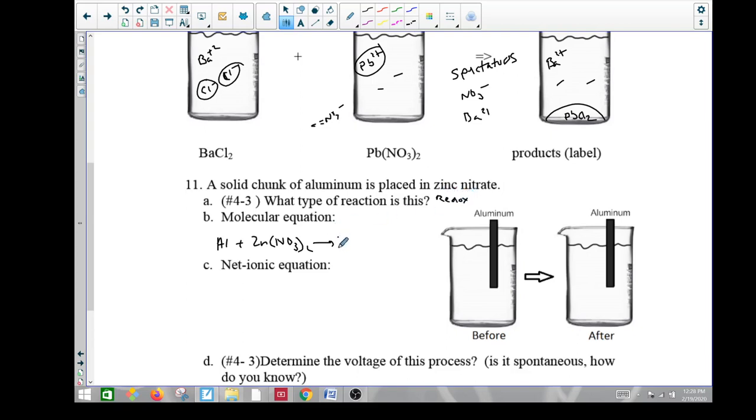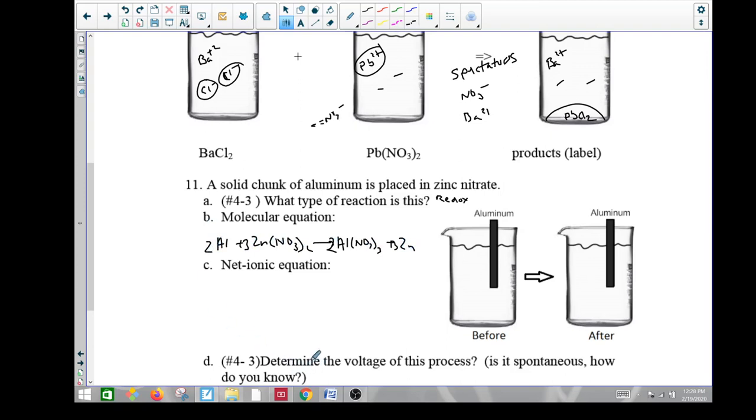You got aluminum nitrate plus zinc metal. Balancing-wise, we gotta get this to balance out, 3 and a 2. So I'm gonna put a 2 here and a 3 there, 3 here, and a 2 here.